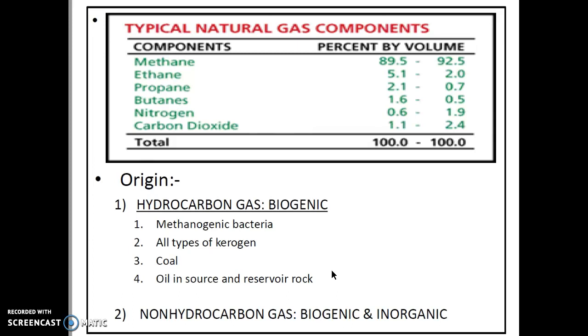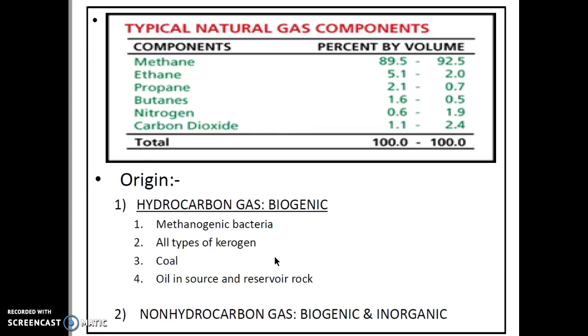So in general, for the process to form hydrocarbon gas from source number 2 and number 3, we need the help of high temperature to crack the kerogen and coal to generate methane. This time you call it primary cracking.